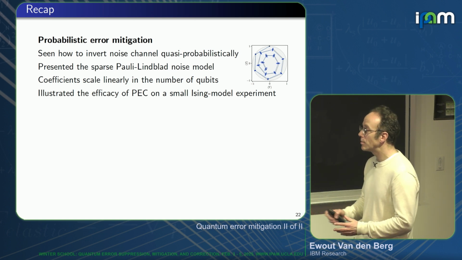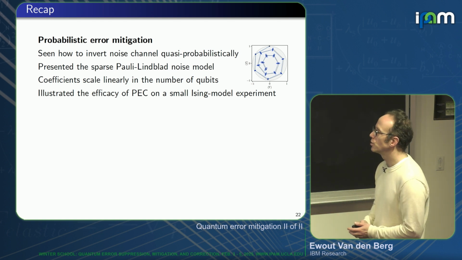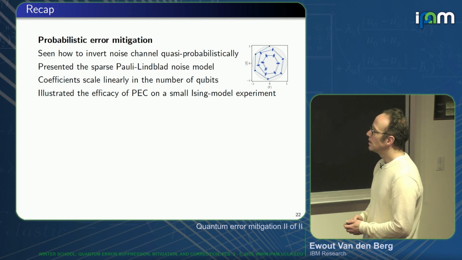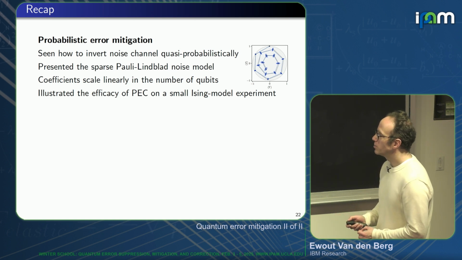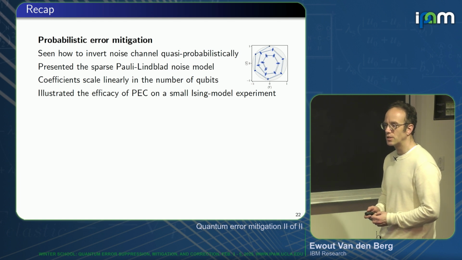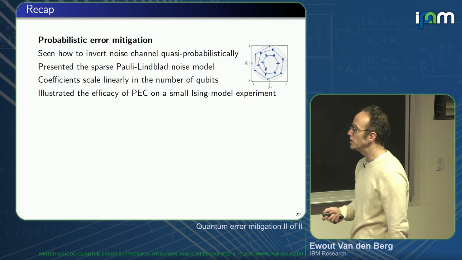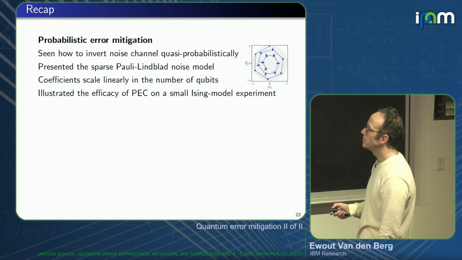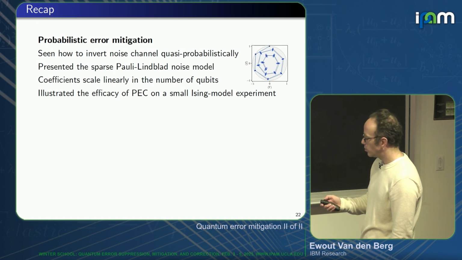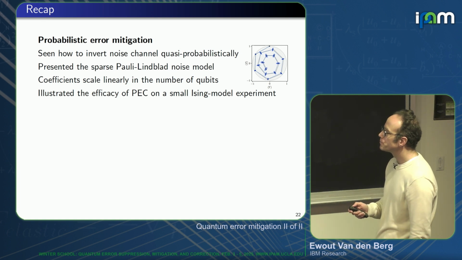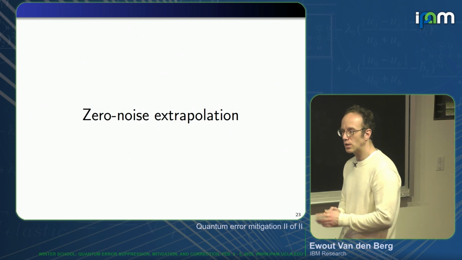Even though the number of parameters is small, it does seem to capture most of the noise in the system. The number of coefficients scales pretty much linearly in the number of qubits, so we can really learn this for a 100 qubit layer of CNOT gates. And we've shown how well it works on this small Ising model experiment. So if there are no more questions, I'll move on.